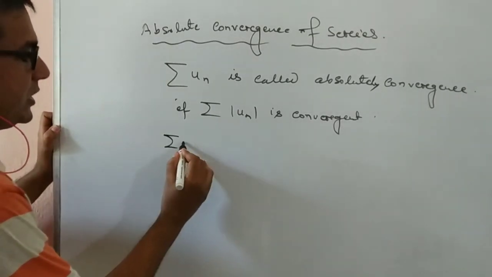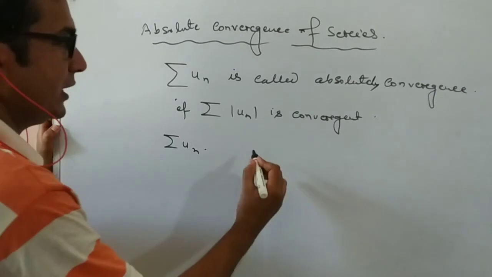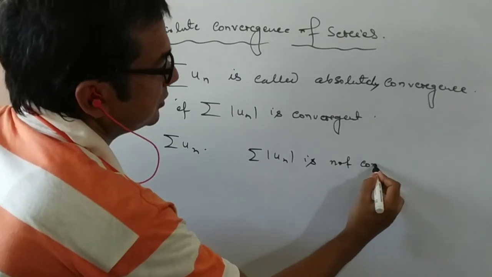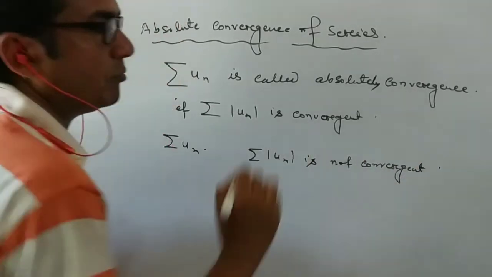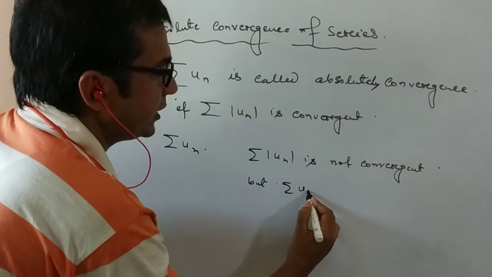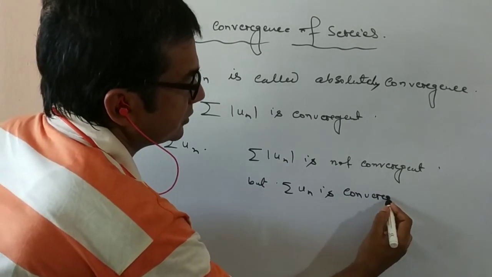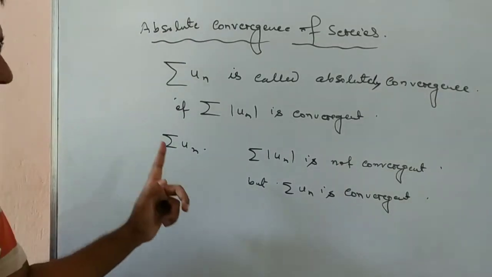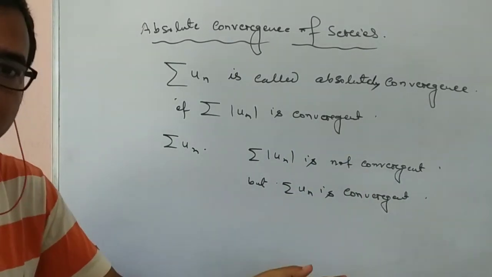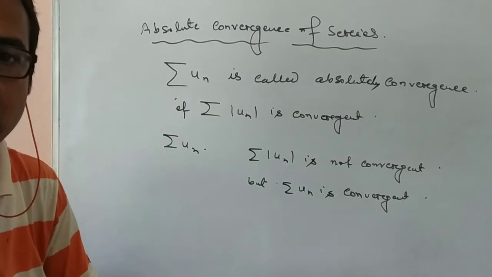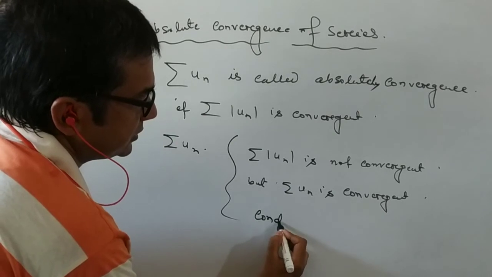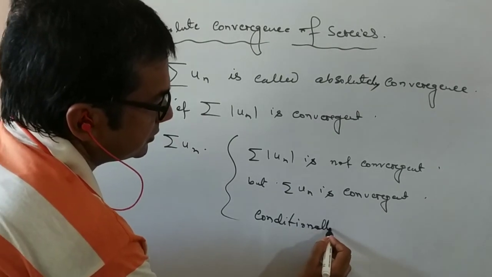If for a series summation u_n, the series summation mod u_n is not convergent, so it is not absolutely convergent, but summation u_n is convergent, then this is called a conditionally convergent series.